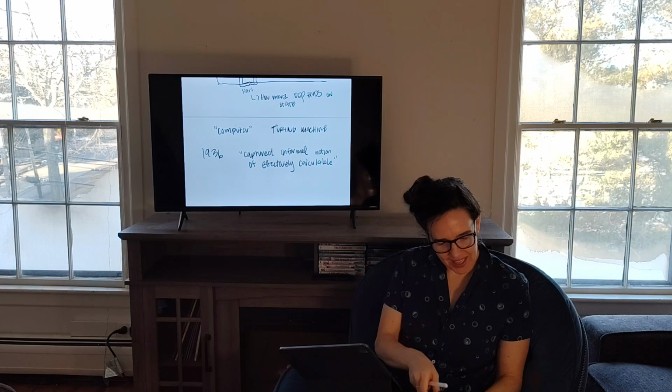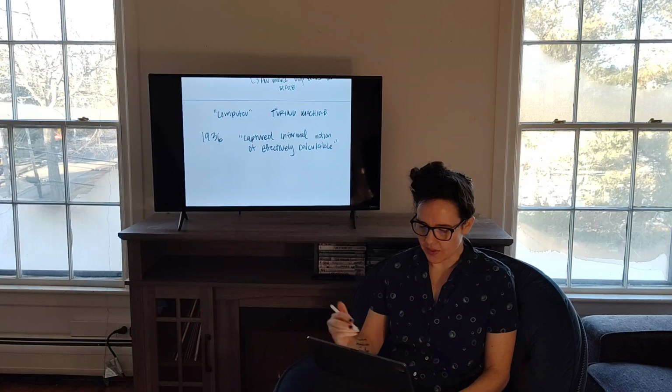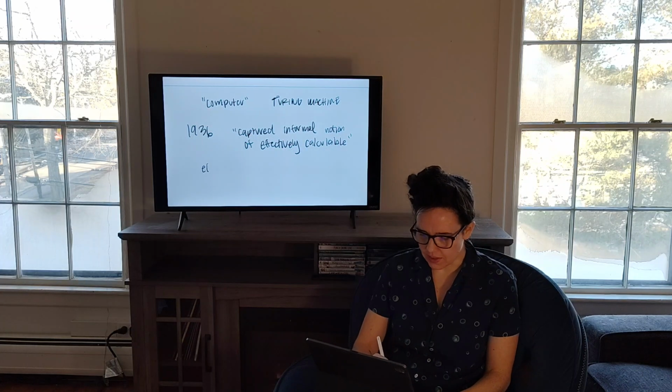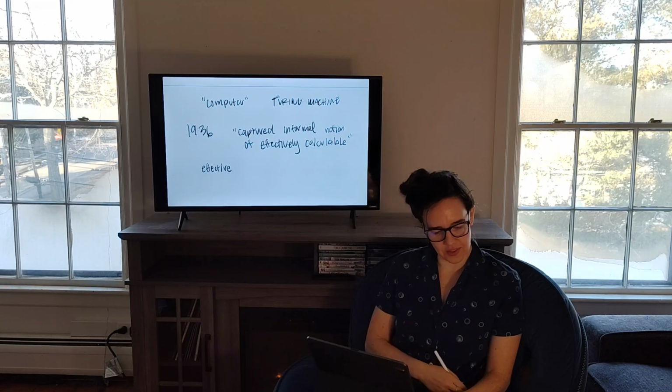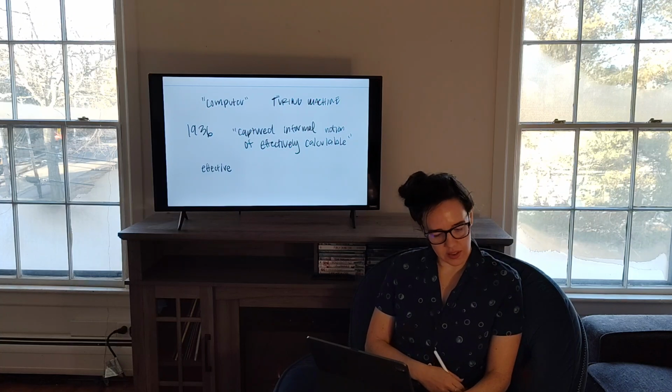So I had to look up the word effective, because we see this word a lot: effective computability, effective calculability, effectively calculable. Looking online, the definition is: successful in producing a desired or intended result, or fulfilling a specific function.